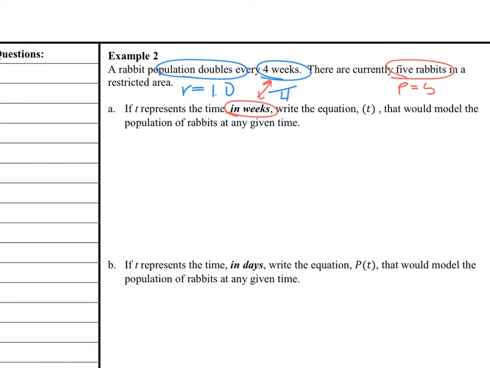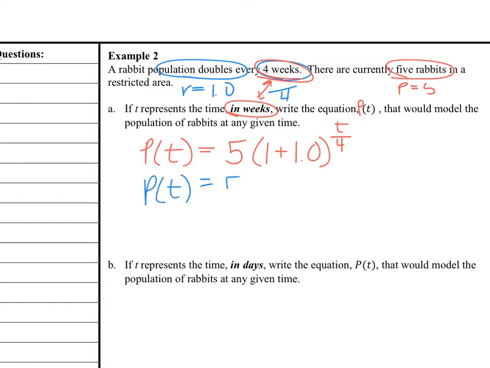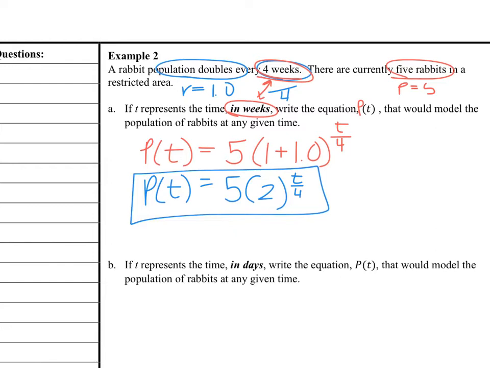This should say P of t, population as a function of time, that would model the population of rabbits at any given time. So we have P of t equals the initial value 5 times 1 plus our rate, 1.0, raised to the power of time, but divided by 4 because it's happening every 4 weeks. So I'm just going to simplify this. P of t equals 5 times 2 raised to the t over 4. All we had to do was write the equation, so that's all that we're doing right there.